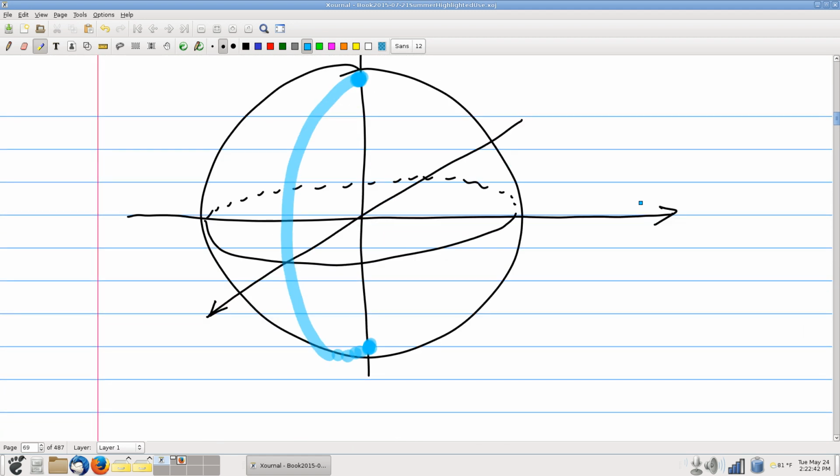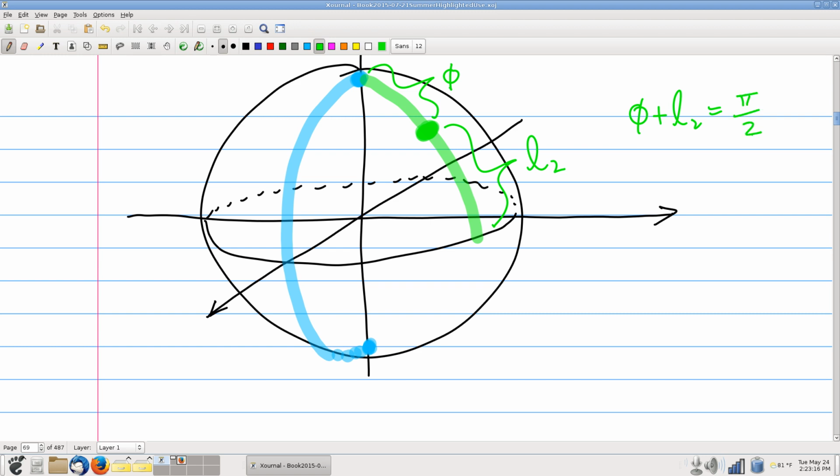Now, that means if I look at, for example, this meridian here, and if I look at this point, my latitude, L2, is not phi, but it's related to phi in the sense that phi is that, and so right away you see that phi plus L2 is pi over 2. Is that cool?